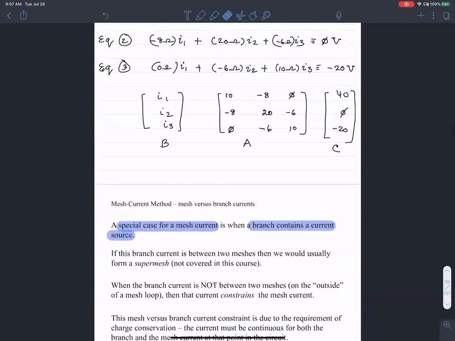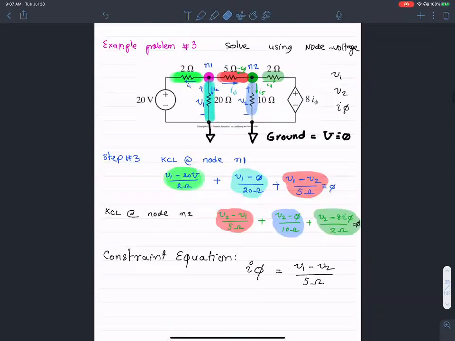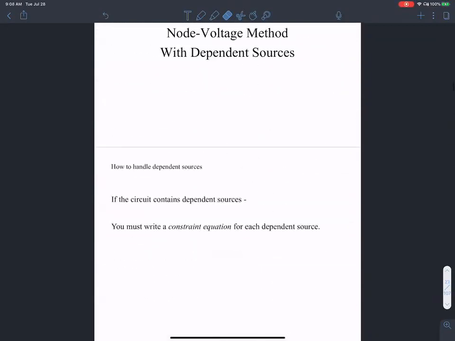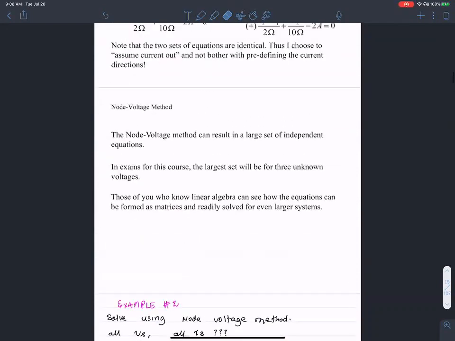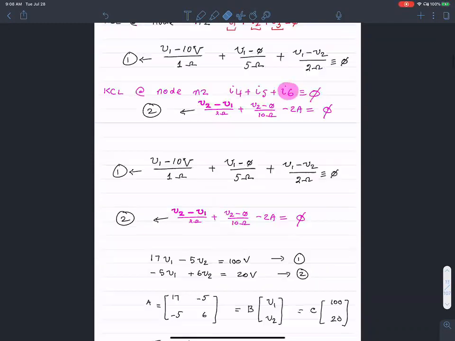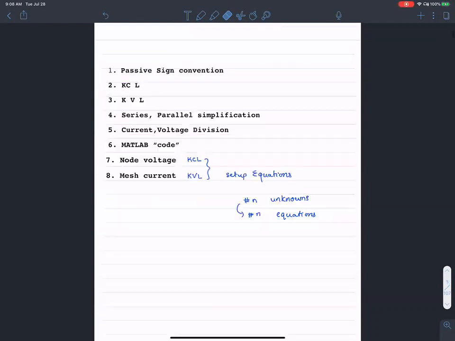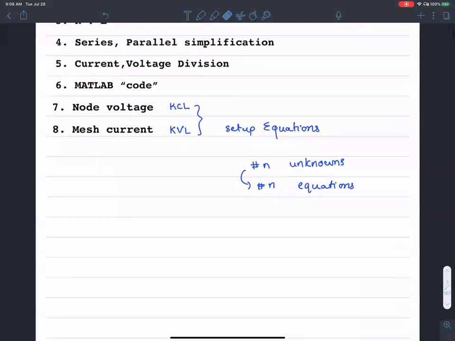Let me scroll all the way back up to where I started building a list of techniques. Sorry about not the best way of navigating all the way to the top. Okay, right here.